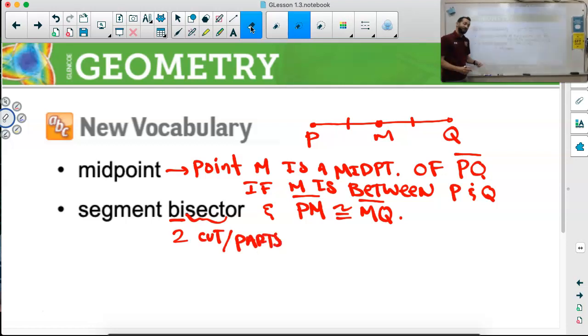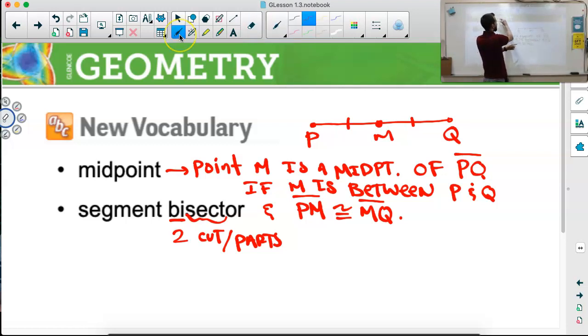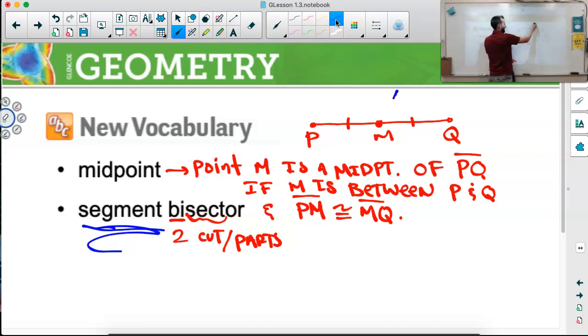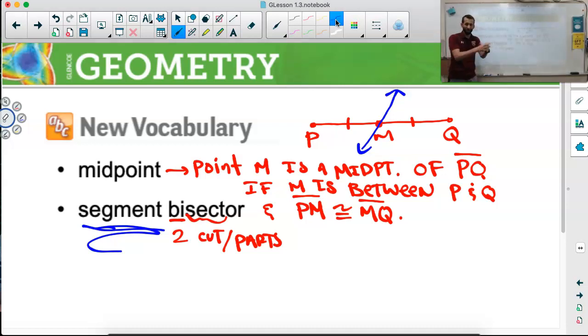A segment bisector is something that cuts a segment into two equal parts. This point is where the segment bisector would be. Let's color this really quick, we'll say this is blue. If I drew a line going through here, this blue line is the segment bisector. It's intersecting segment PQ at point M, which happens to be the midpoint. You can kind of see how these all go together.